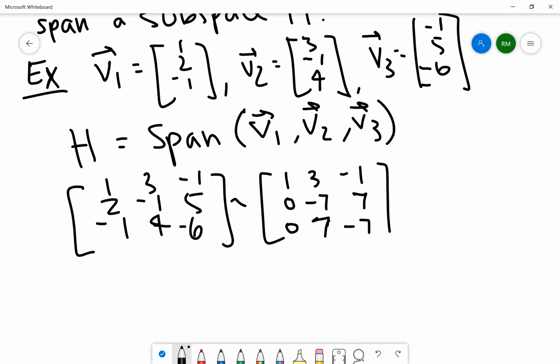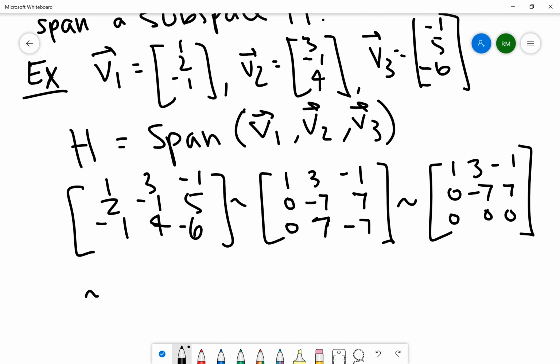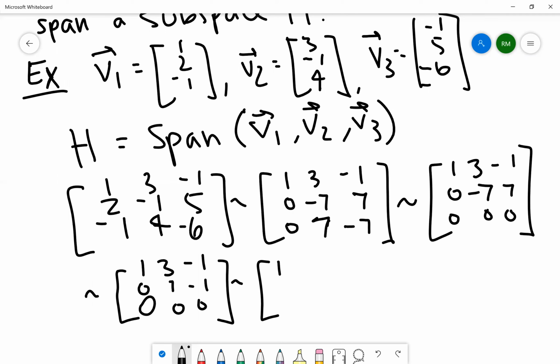Then you can row reduce a little further to 1, 3, -1, 0, 1, -1, 0, 0, 0, and then 1, 0, 2, 0, 1, -1, 0, 0, 0. Okay, so what is this telling us?